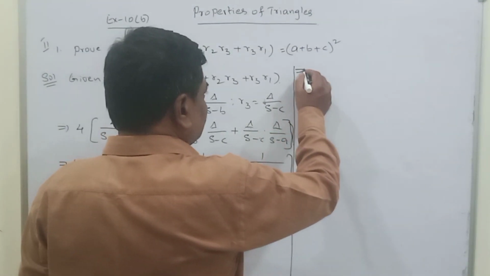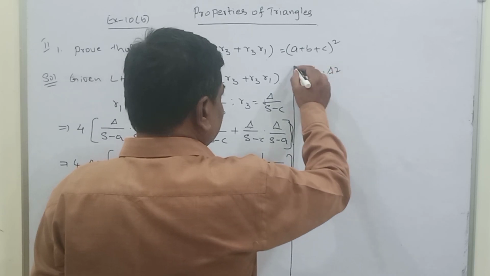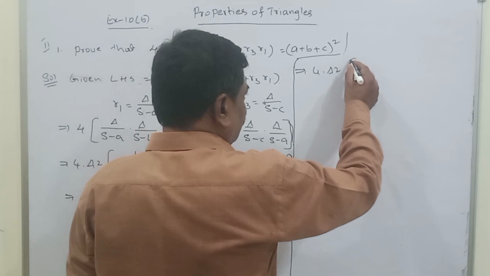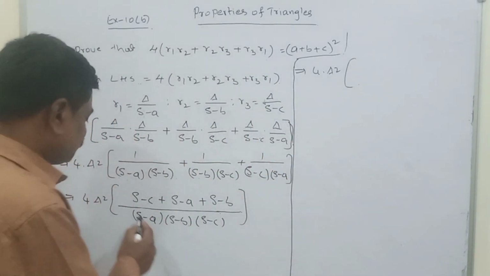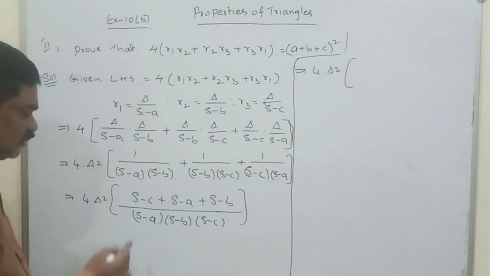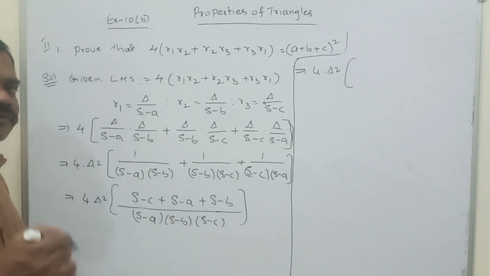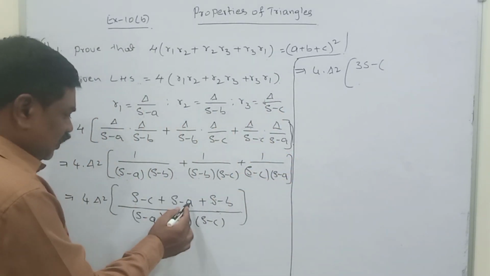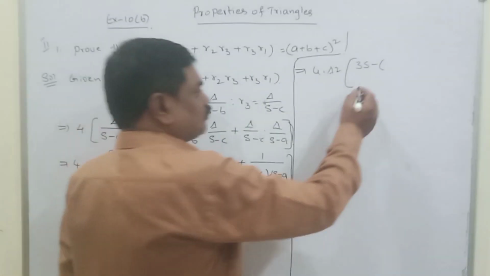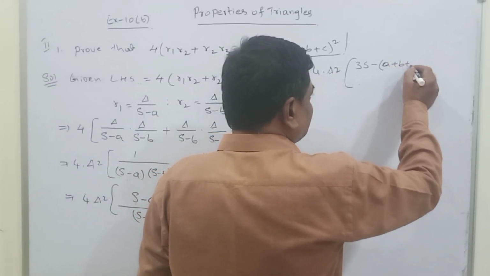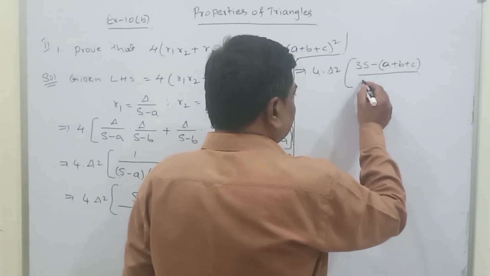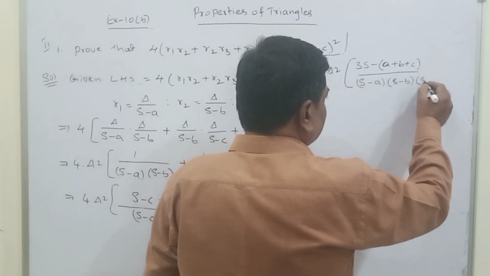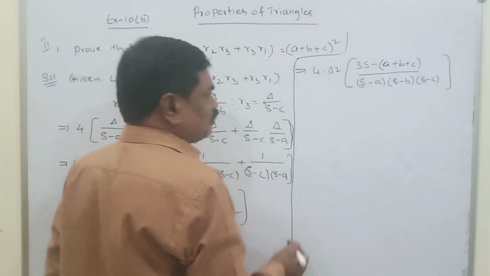You observe here 4 into delta square is there. Of here s plus s plus s, what is 3s? So 3s minus (a plus b plus c), with denominator (s minus a)(s minus b)(s minus c) we have.